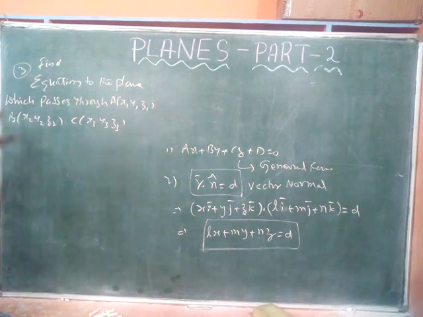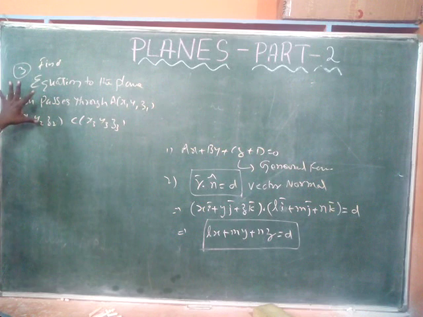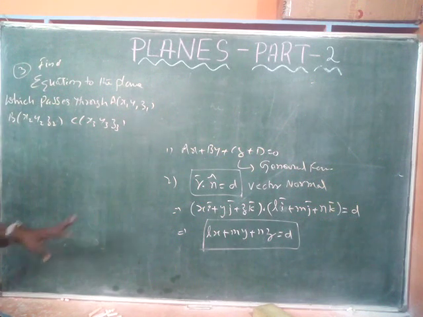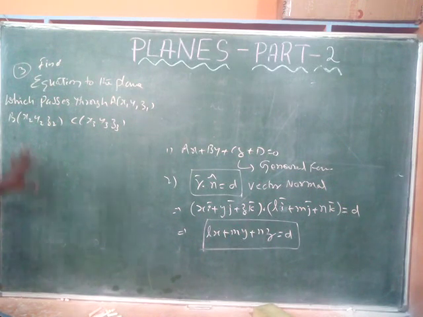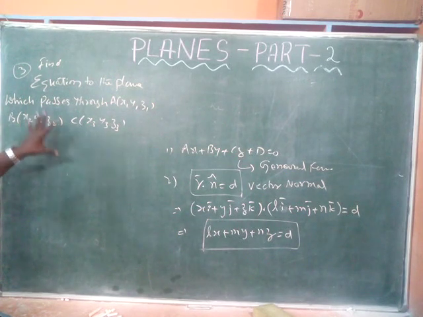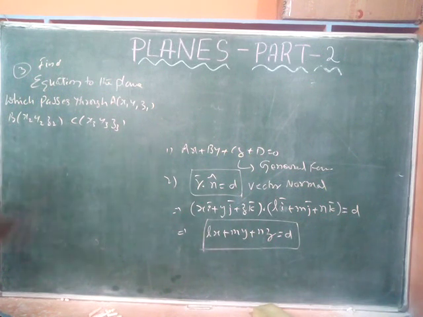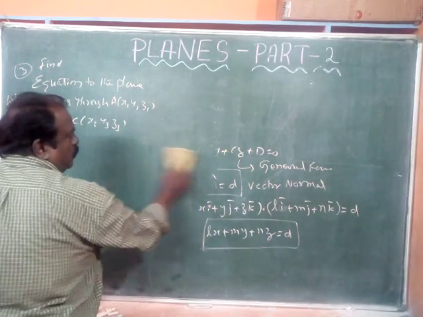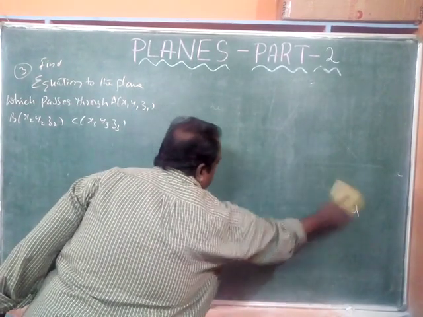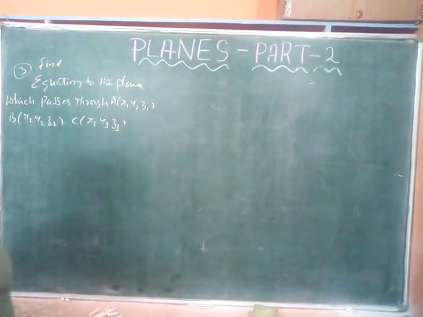Now, we are going to the third one: the equation of the plane which is passing through 3 points. Not the normal, not the length of the normal given, not x, y, z in a first degree equation, but a different one. The plane is passing through 3 points A, B and C. You see, proof.